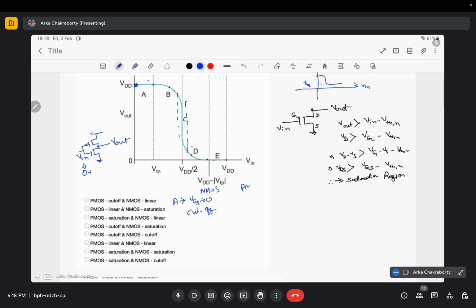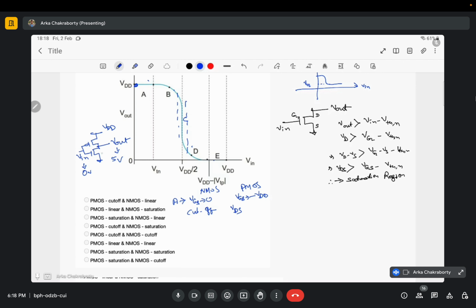For the PMOS, VGS would be 0 minus VDD, which is minus VDD. So VSG would be plus VDD, so my PMOS is in on condition. It is in linear condition. Let us see how. What is its VDS? The source is at V out, which for V in of 0 volt would be VDD; say it is a 5 volt technology, so V output would be 5 volts.